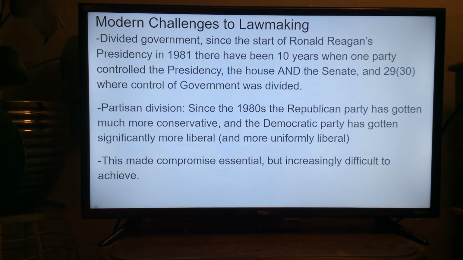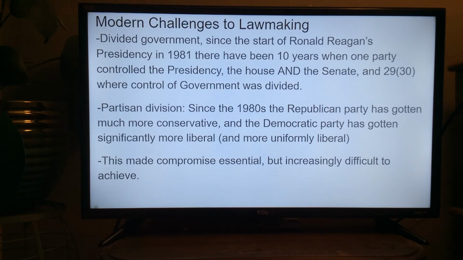So at least one of those 3 sections, the presidency, the House, or the Senate, was controlled by a different party than controlled the other 2. And so you can imagine that makes it harder to pass laws. You have to deal with the other side. If you have total control, you don't have to deal with the other side.